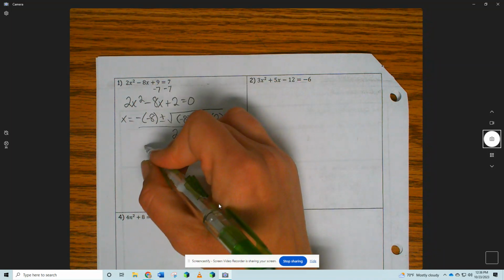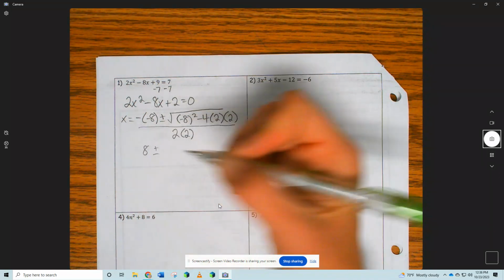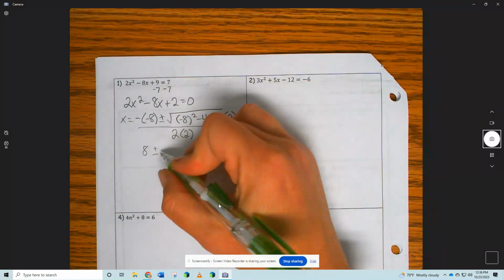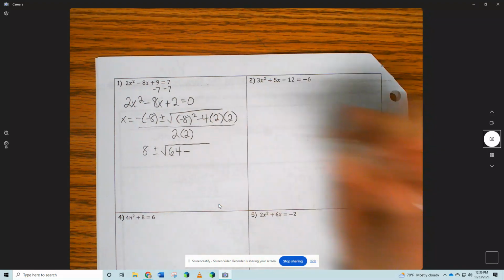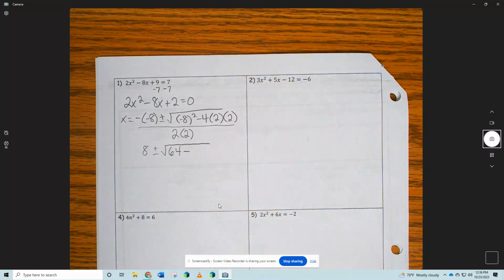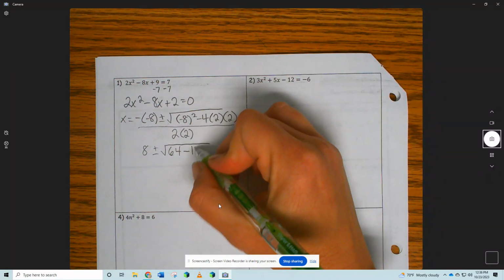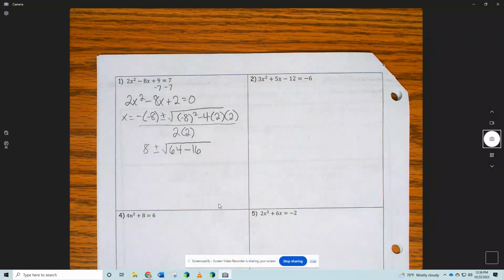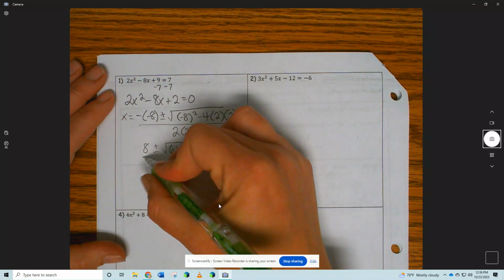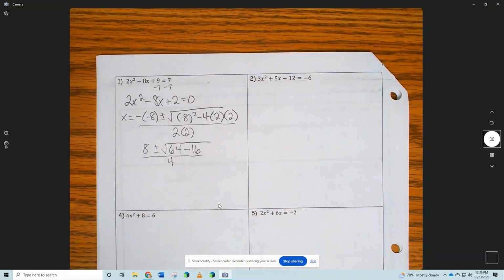Okay. Simplify it out. So do all the math under the square root. 64 minus 16, all over 4. This is not going to have an imaginary number.